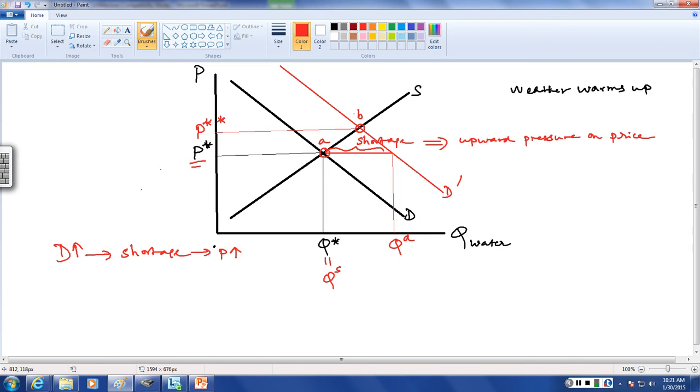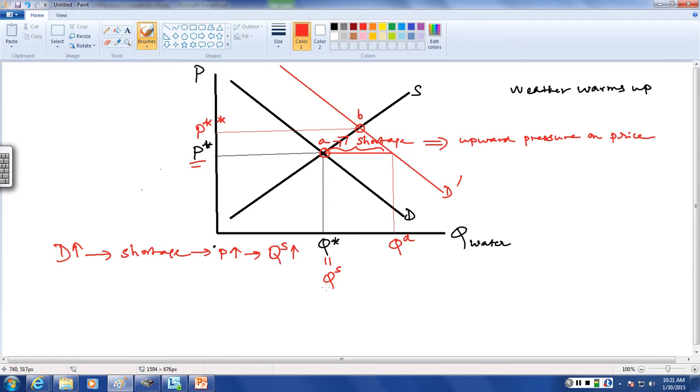So what do you see happening along the supply curve? You have a movement along the supply curve like that. Correct? A movement from A to B. So in other words, when the price of the good rises, we have an increase in quantity supplied. Do you follow?